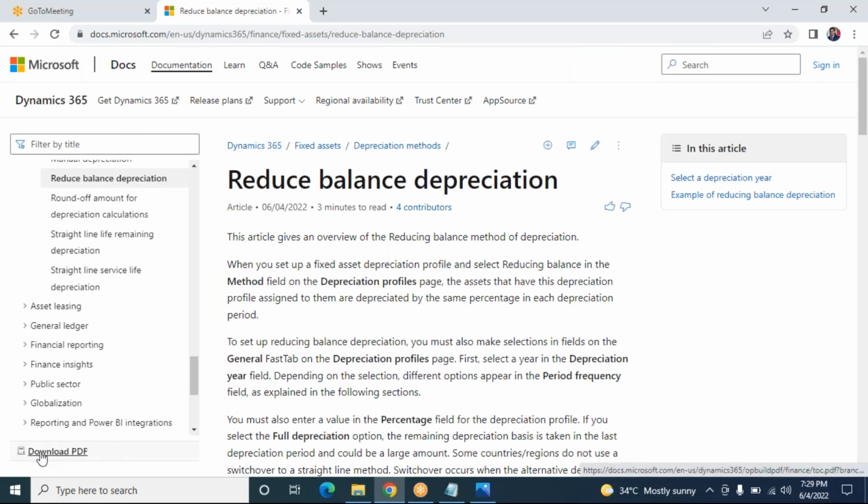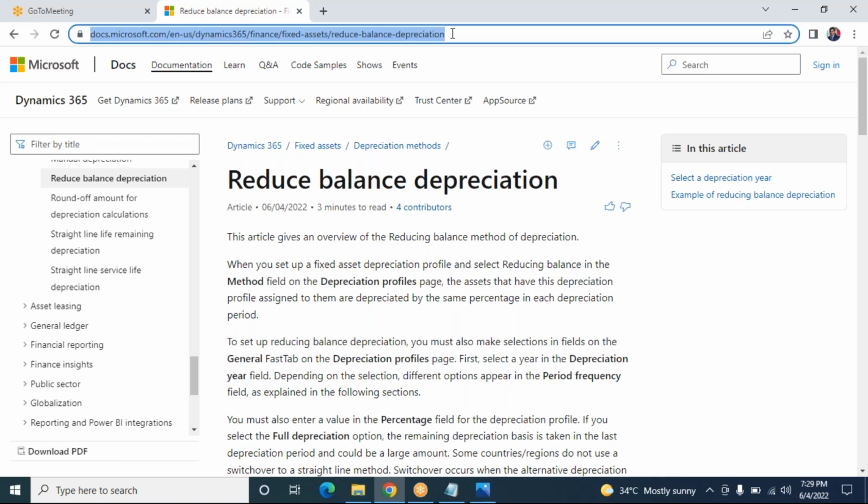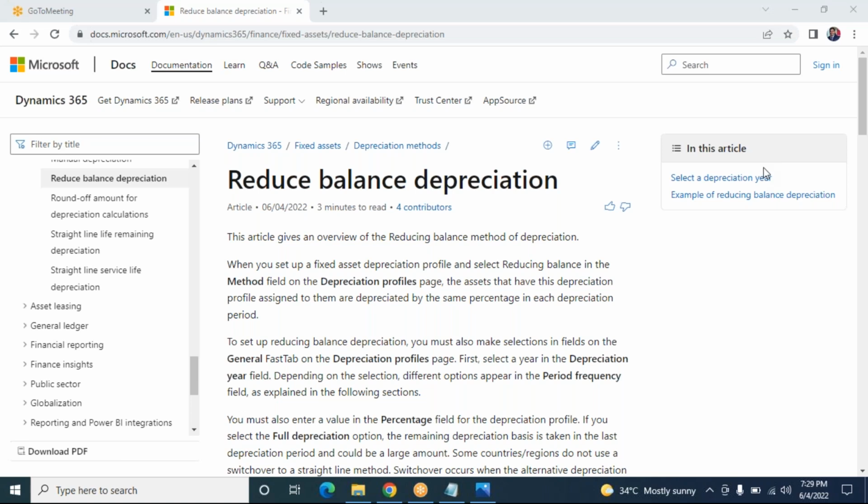Here, download PDF. No need to wait for me, if you want, this is a Microsoft file. Just give me a minute. I'm just sharing this one.